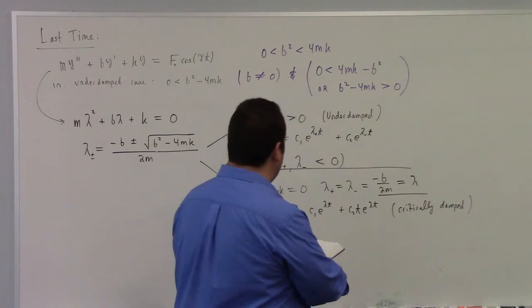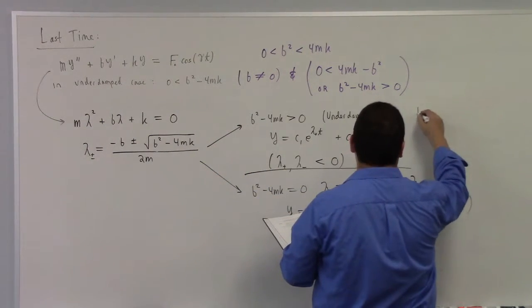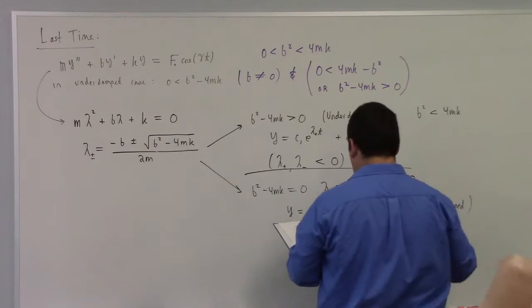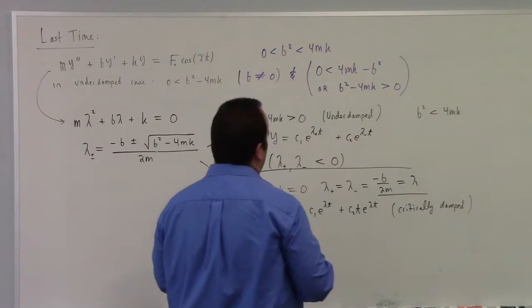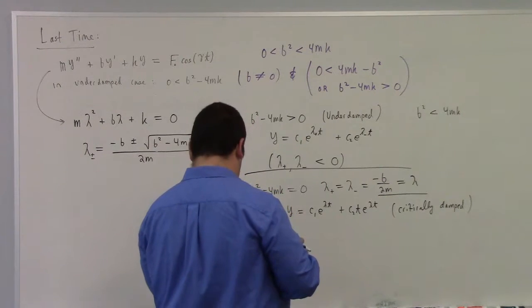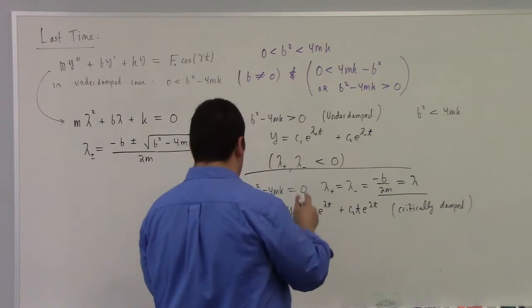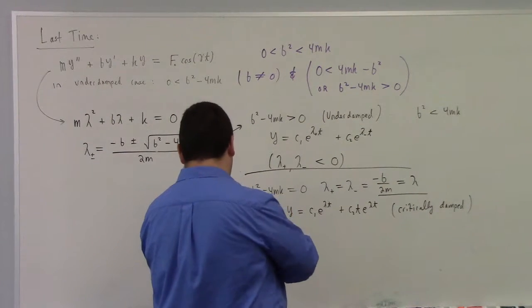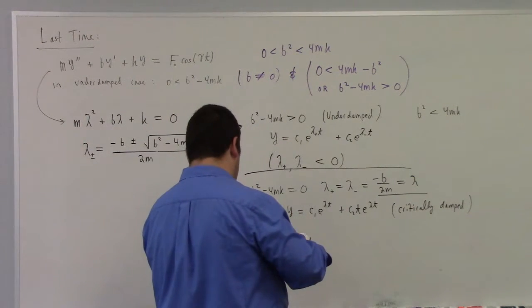He says b squared less than 4mk. That's not this case, is it? This is actually what? Yeah, this is actually the overdamped.